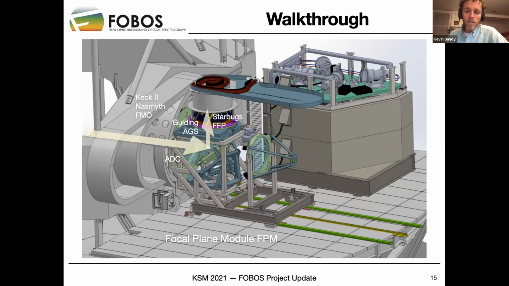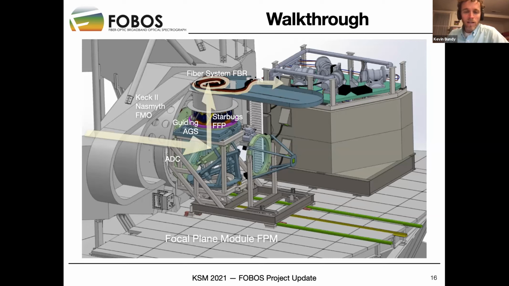Then there's the fold mirror that Kyle mentioned, which directs the light upwards so that the starbugs can walk on a horizontal surface and face down. Gravity holds them onto the plate in addition to the vacuum that they have inside themselves. And so that's a nice thing that keeps the system stable.